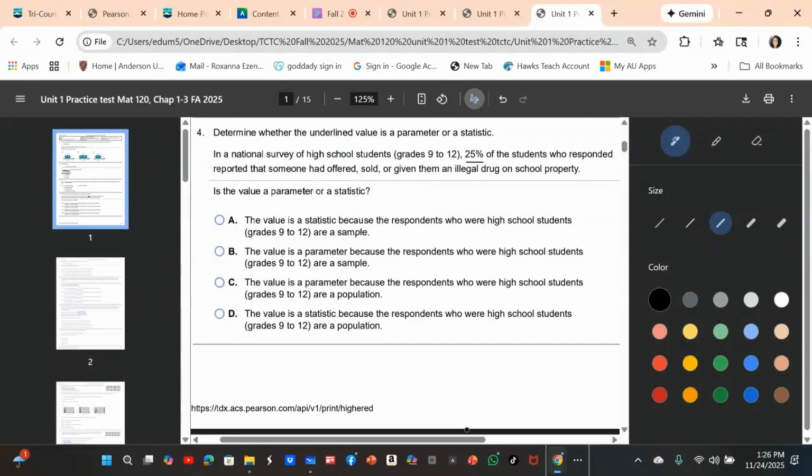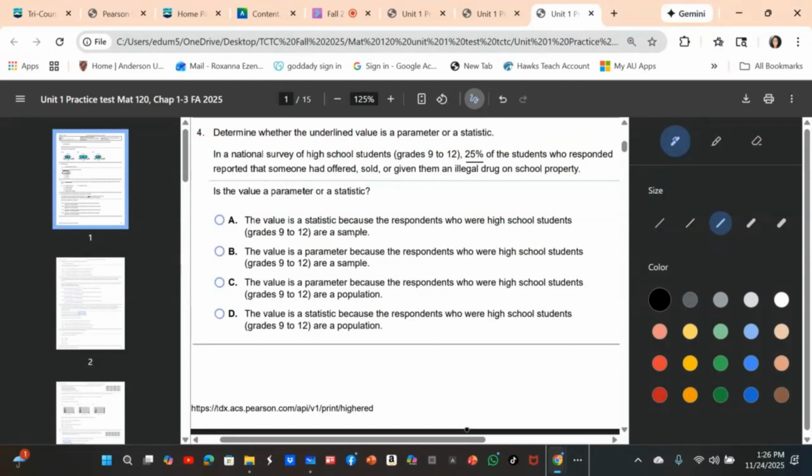Somebody may say this percentage is too high or too low, and collect, say, 50 simple random samples from different schools in America and ask whether anybody has given or sold them an illegal drug in school.